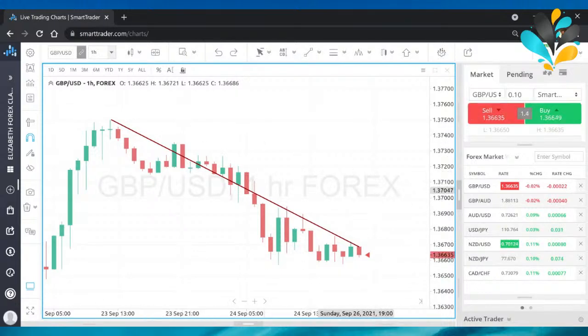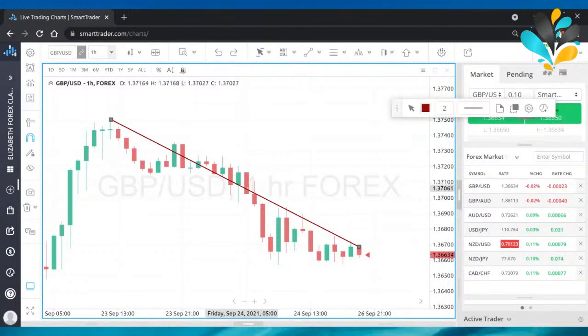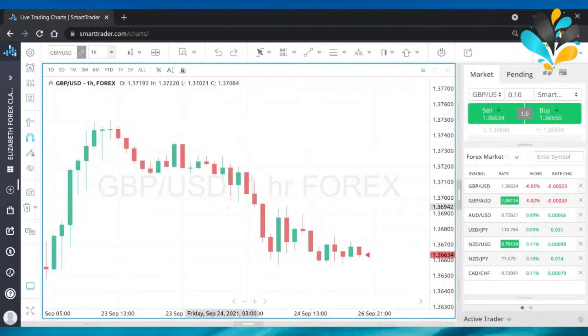So you can hover your mouse over and click when you're ready for it to be drawn. So this just draws the line straight through the candles, which is not recommended for trend lines, but it helps you to identify the overall trend that the market is going in, whether it's overall downward trend or an overall upward trend. So it automatically causes it to form in a downward line or an upward line.